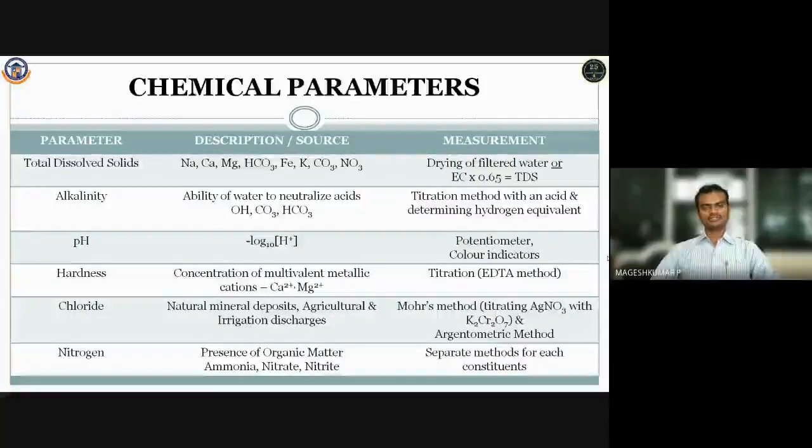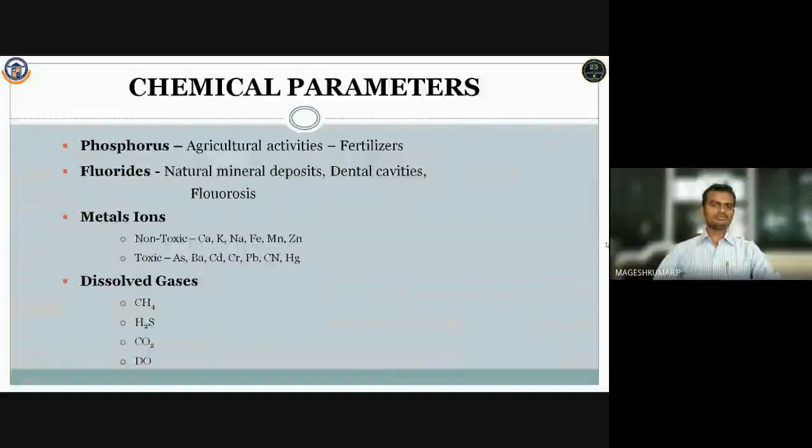And separate methods of measurement are available for all these three forms of nitrogen. And phosphorus, as with chloride, also comes from the agricultural runoff and fertilizers, and fluorides come from the natural mineral deposits like chloride and phosphorus. It causes dental cavities and fluorosis.